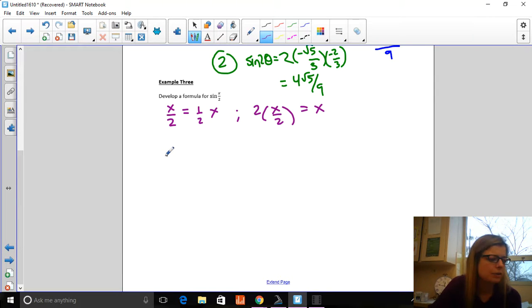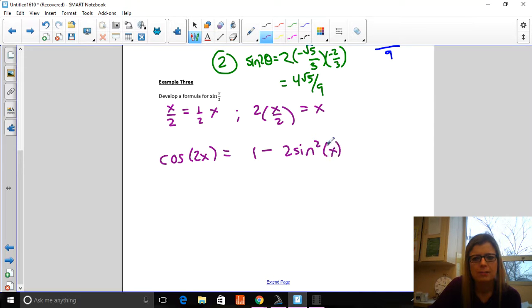So if I actually do cos 2x, then I would have 1 minus 2 sine squared x. But I don't want that to be an x here. I want that to be an x over 2. So therefore I need this x to be an x over 2 as well.